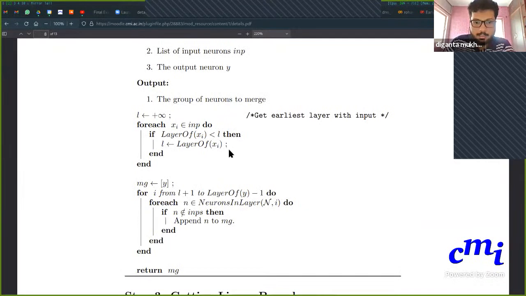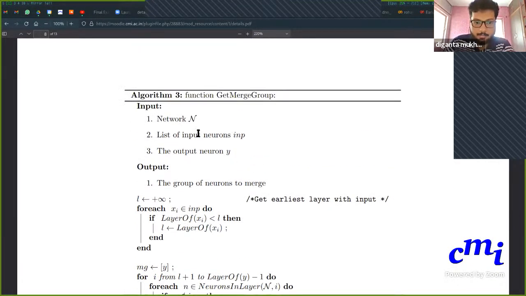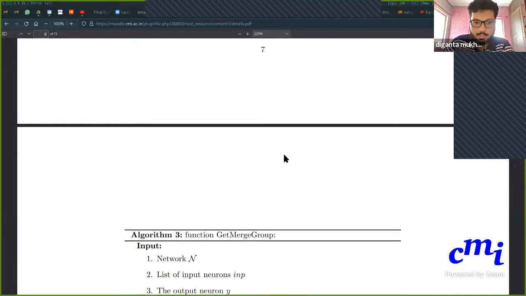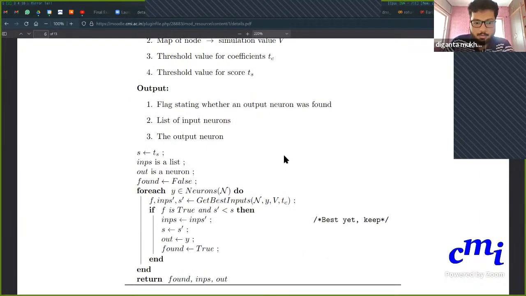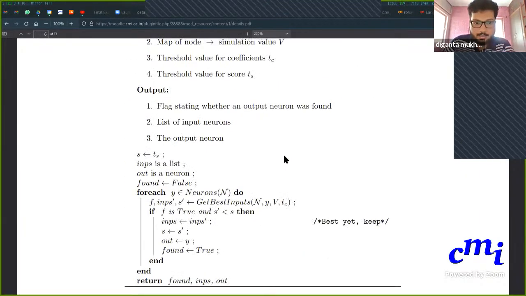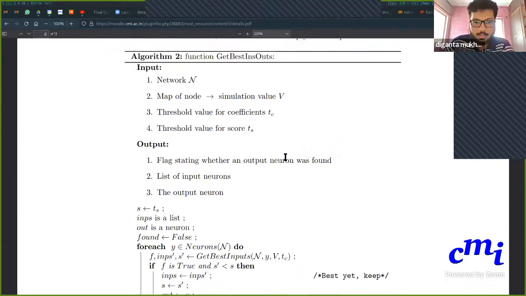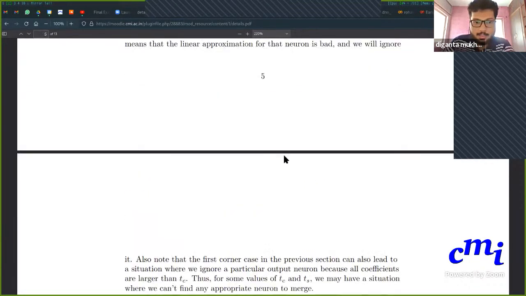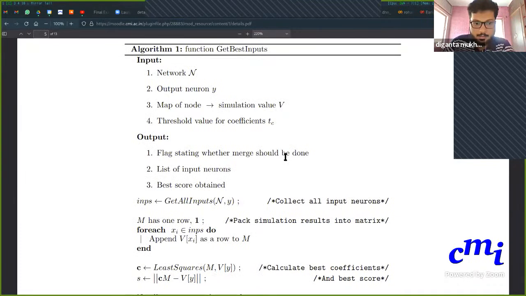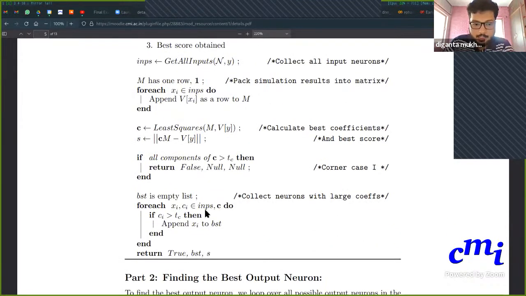you're going to take in the list of input neurons, right? And that list of input neurons is going to come from algorithm 1 itself.